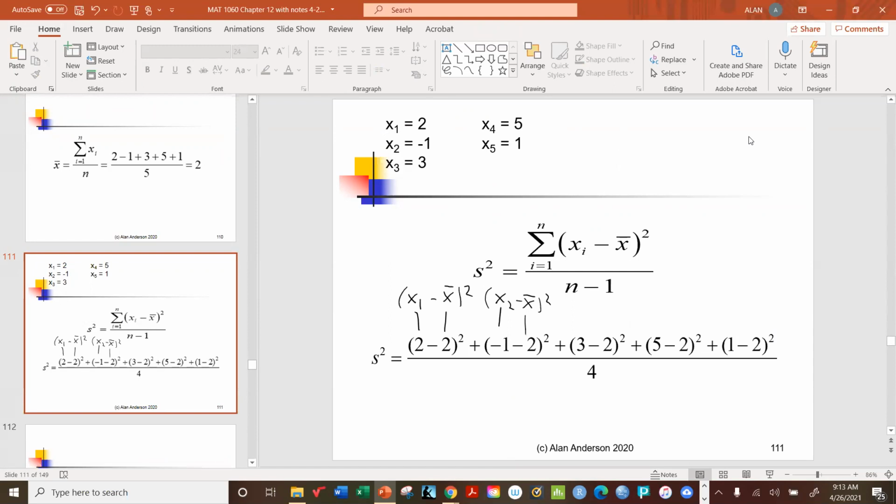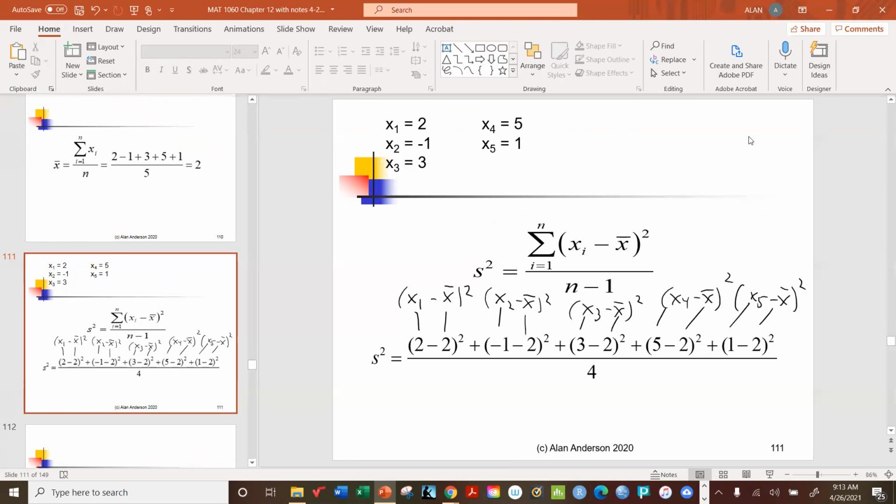What do I have over here? x3 minus x bar squared. Then I've got x4 minus x bar squared. And then finally, this last one is x5 minus x bar squared. So here I'm just plugging in the numbers.